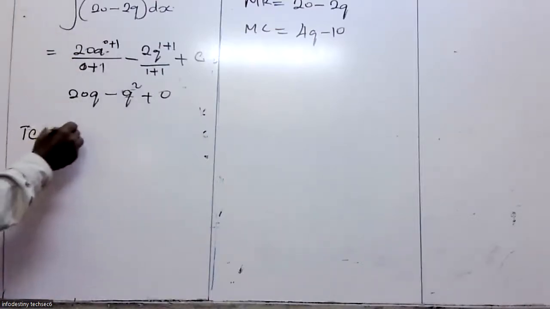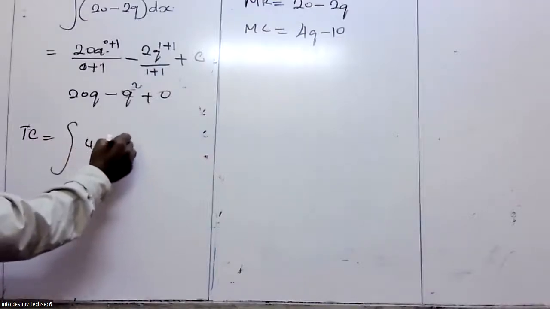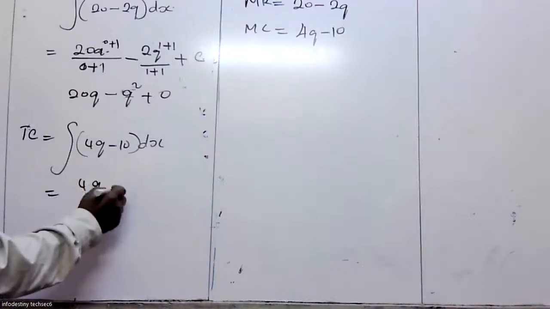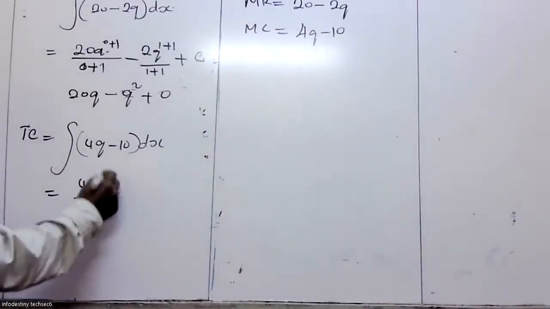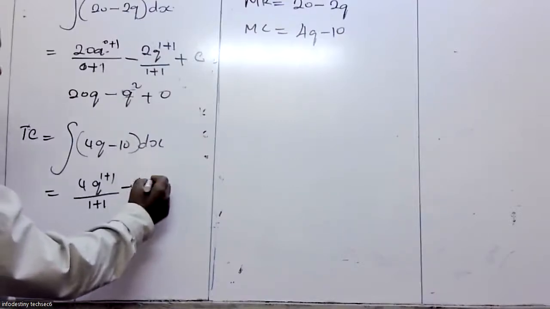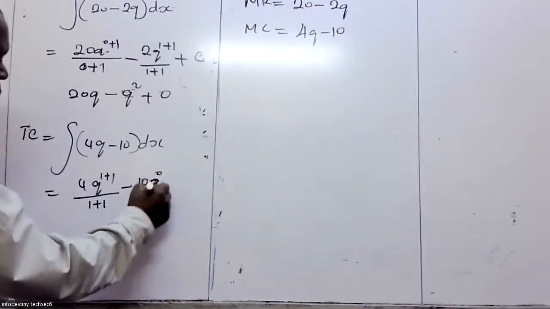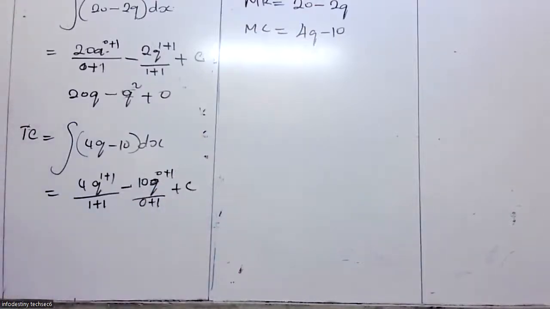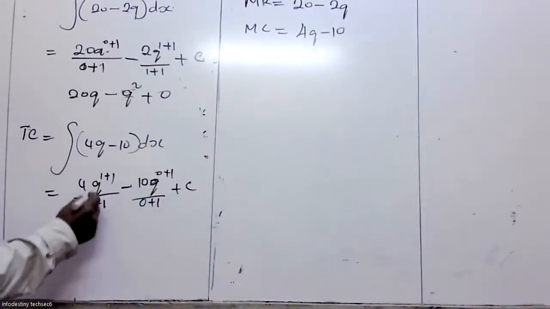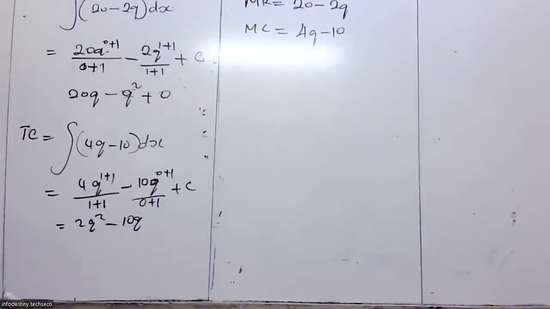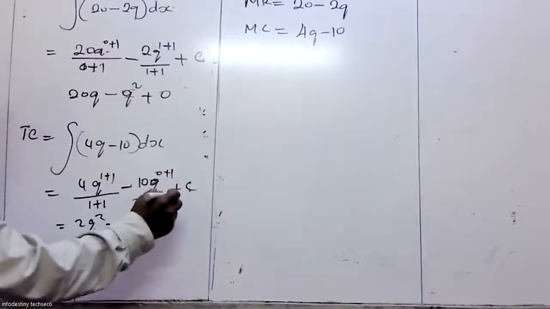Now let's go to total cost. Total cost will be equal to the integral of 4Q minus 10 dQ. That gives 4Q raised to 1 plus 1 over 1 plus 1, minus 10Q raised to 0 plus 1 over 0 plus 1, plus C. So this gives us 2Q squared minus 10Q, plus the fixed cost, 30.